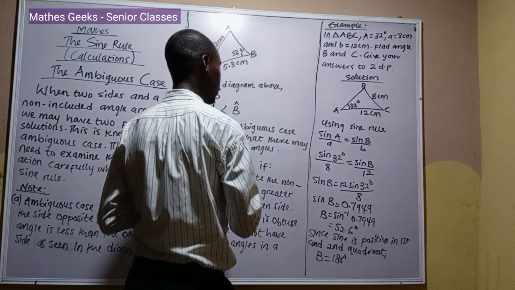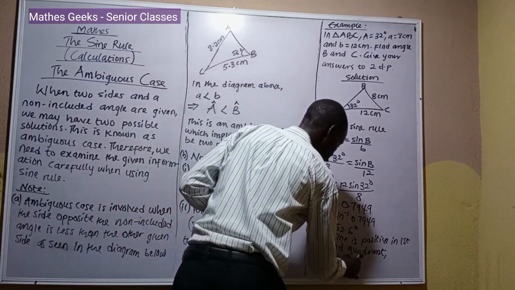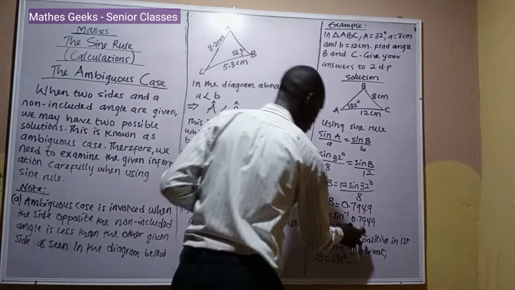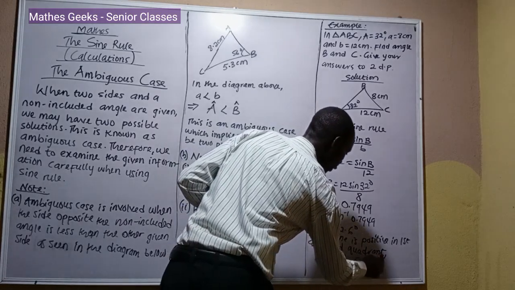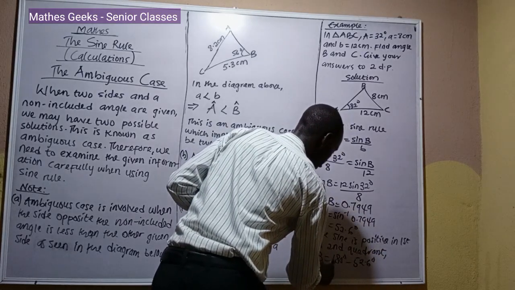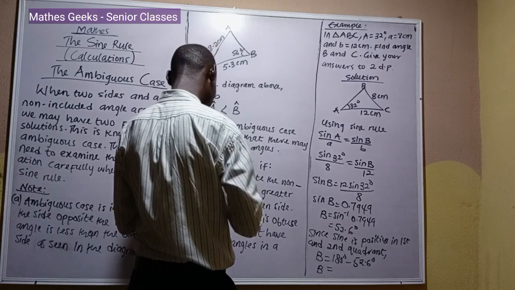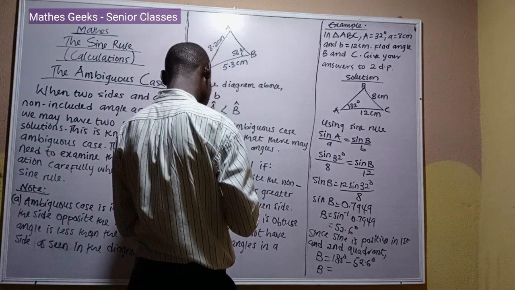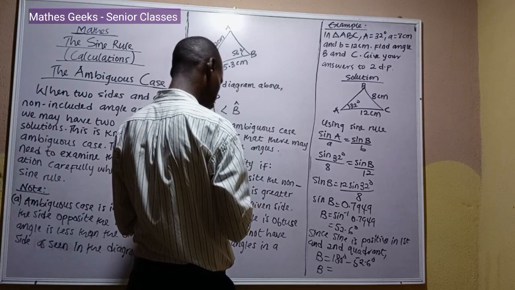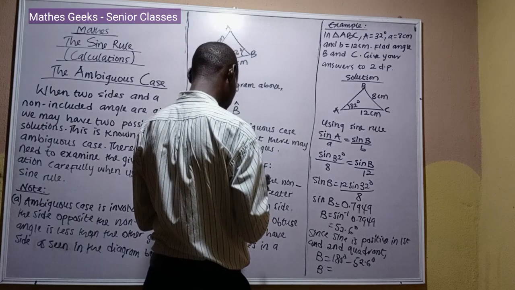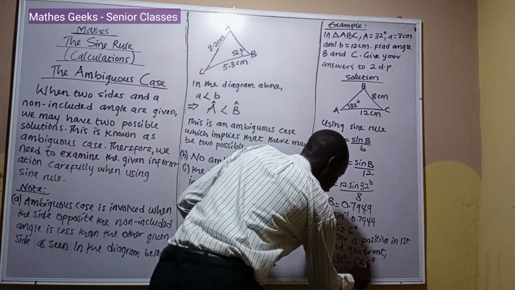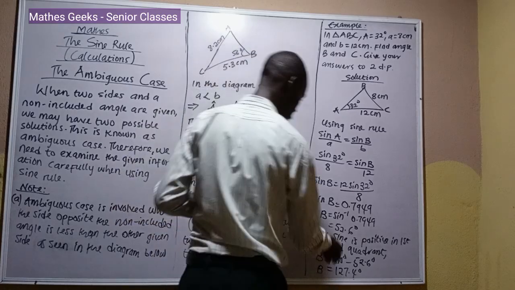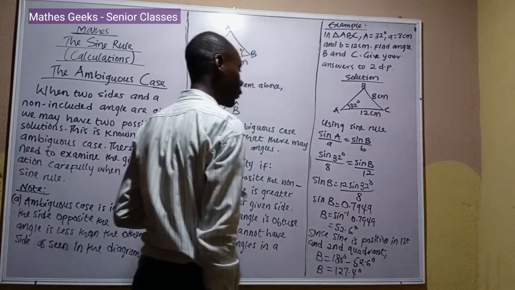In the second quadrant, the angle is obtuse, which means it's less than 180 degrees. So you subtract this angle from 180 degrees. So B is equal to 180 minus 52.6, which is 127.4 degrees. So this is also another possible answer for B.